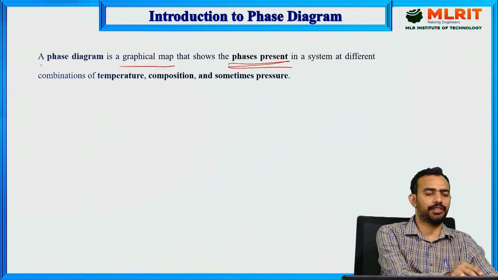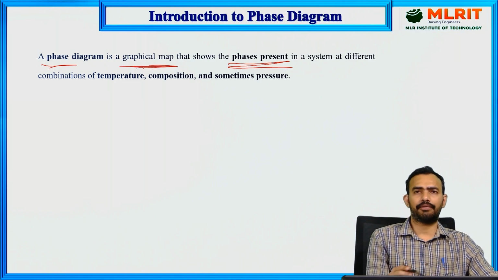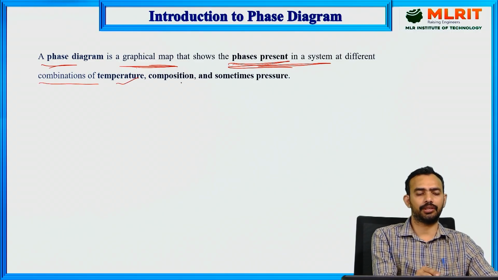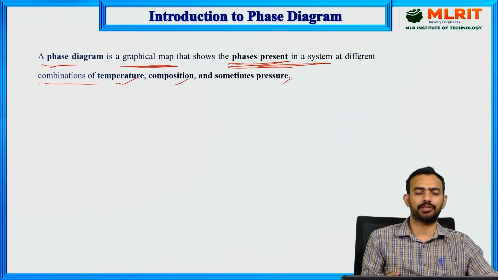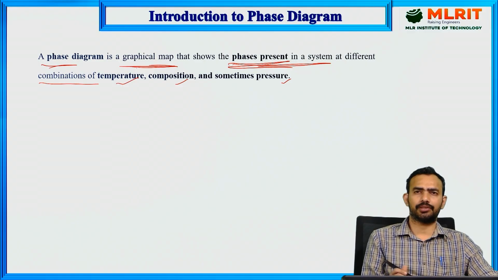It is a graphical representation where the phases present in a system are mapped for different combinations of temperature, composition and sometimes pressure. So that diagram is considered a phase diagram.